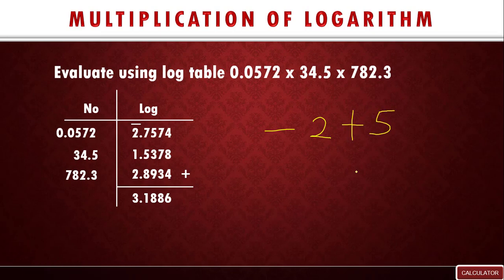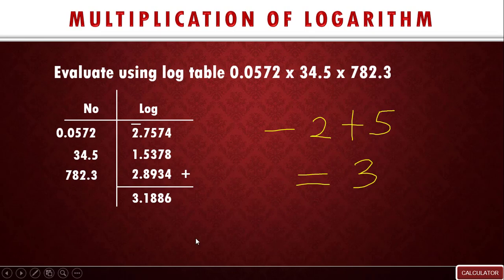This simply might be like you're owing somebody 2 pence and you pay 5 pence to the person. Are you still owing? Well, you're not still owing. Instead, the person is owing you 3. So in such an occasion, that means we have 3 there. So that's the reason why we have this 3 right here.